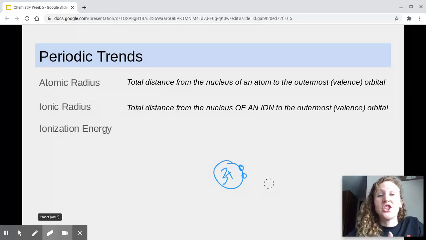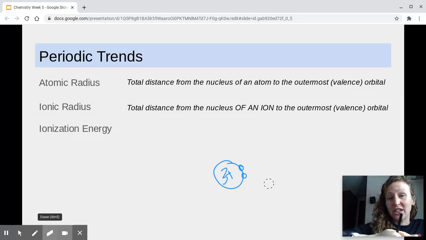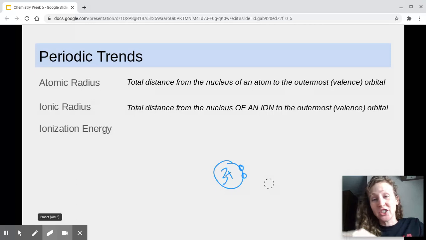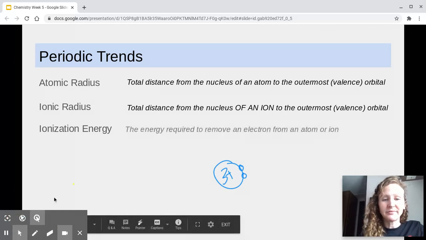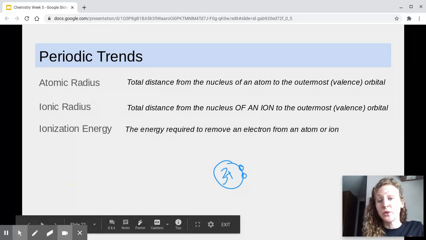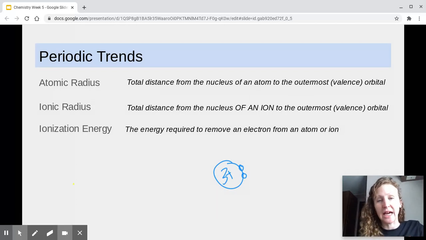That's what ionization energy is. How much energy is it going to require to go in and take that electron and pull it completely off of the atom? That's ionization energy: the energy required to completely remove an electron from an atom or an ion.